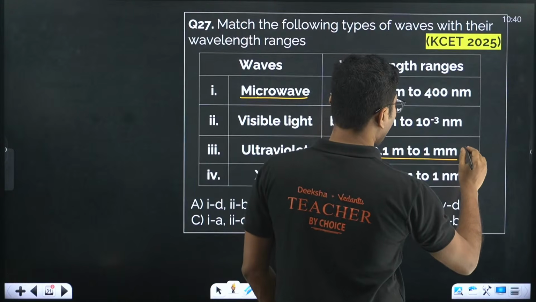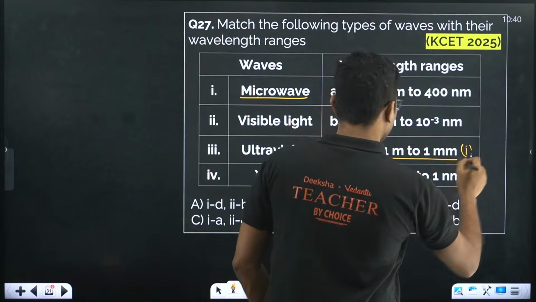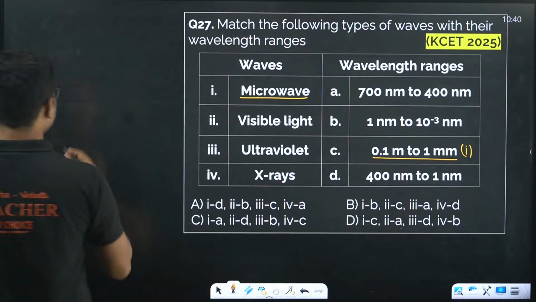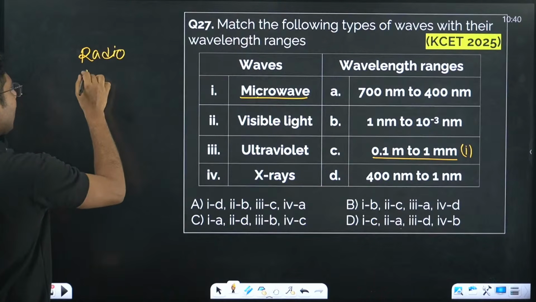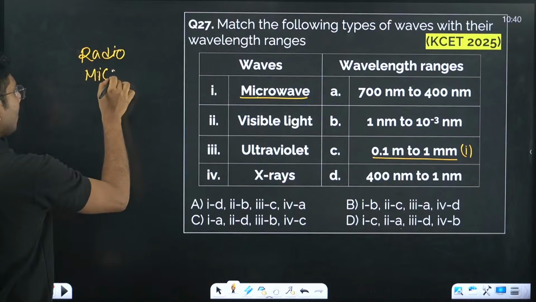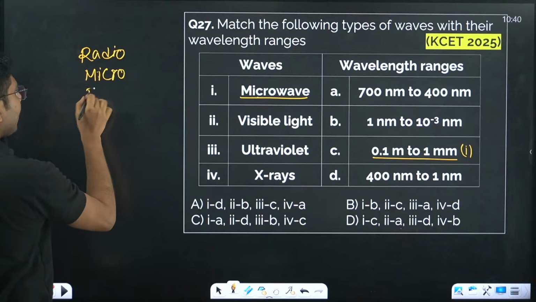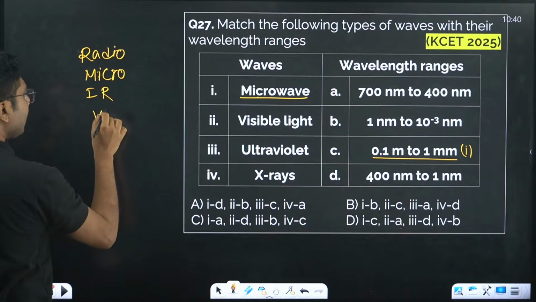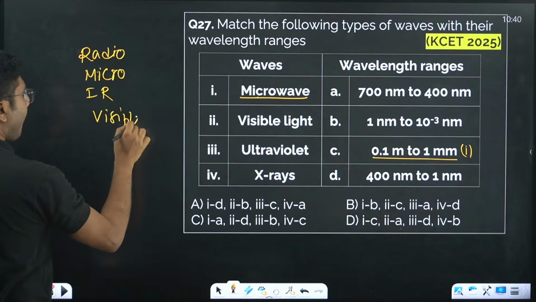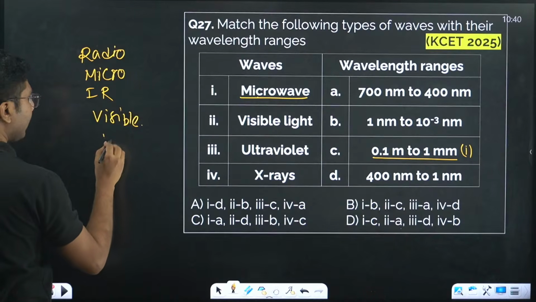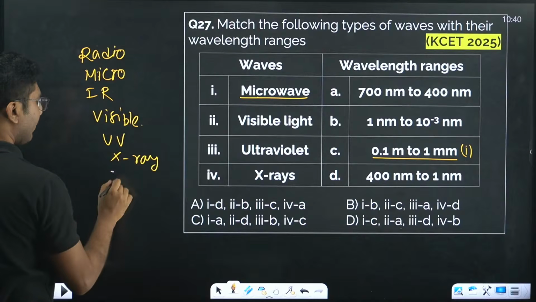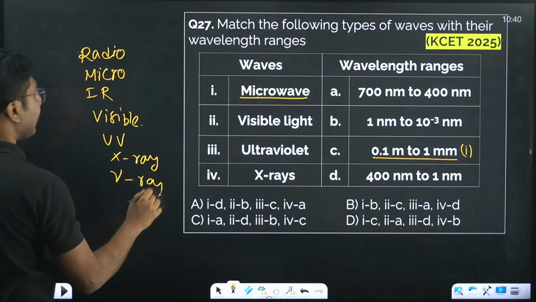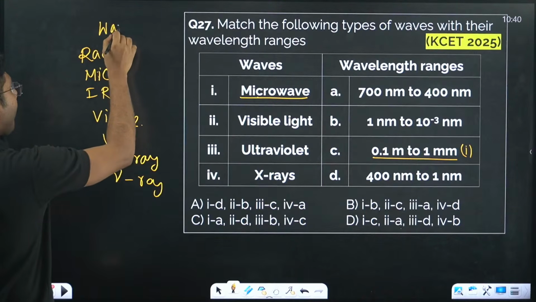If you remember that the highest in terms of wavelength, radio is number 1, then microwave, then we have infrared, then we have visible, then we have ultraviolet, then we have X-ray, and finally we have gamma ray in terms of wavelength.